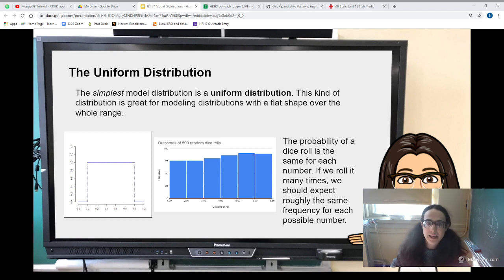I ran a simulation with 500 different random dice rolls, and the 5s and the 6s and the 4s came out a little bit more often than the others, and we'll expect that with real world data, but by and large this is very, very flat. So we could model this with a uniform distribution.